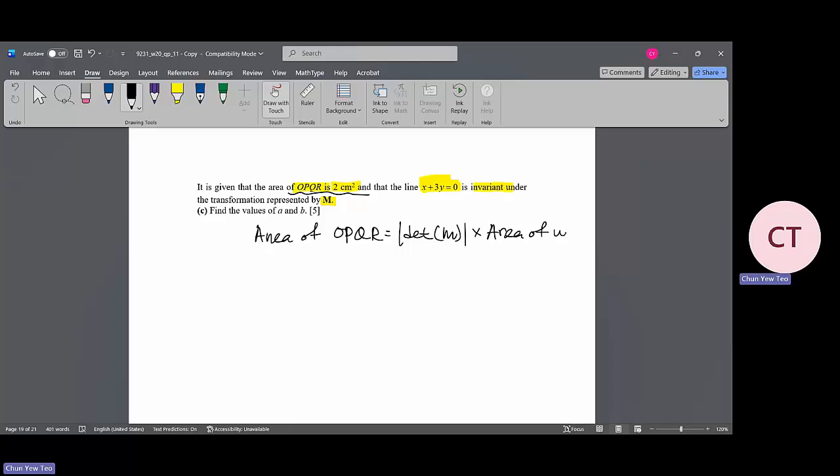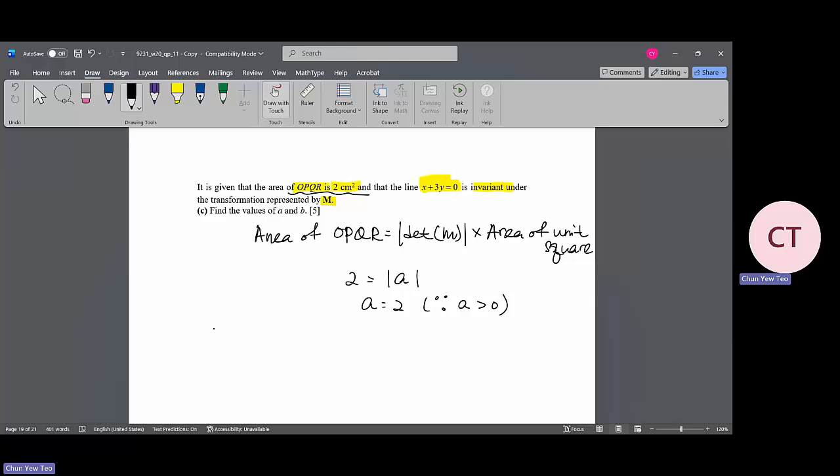For the unit square, the area we know is 1 unit. So 2 equals the modulus of the determinant, which is A. So A is 2 because A is positive. Now we want to find B.